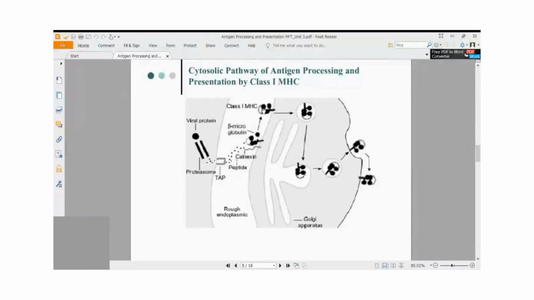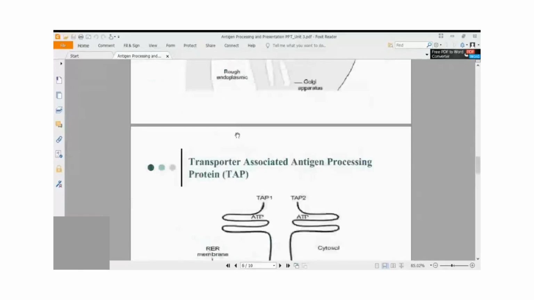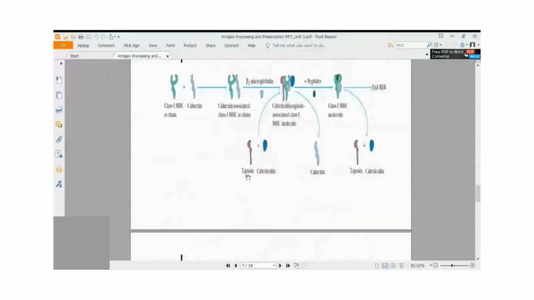Until those peptides, which are broken down molecules of the antigen, come and bind there, that molecule, which is fully formed now by joining the beta 2 microglobulin, still needs to be protected. And that is done by two more molecules called tapasin and calreticulin. Calreticulin and tapasin also come and bind there.